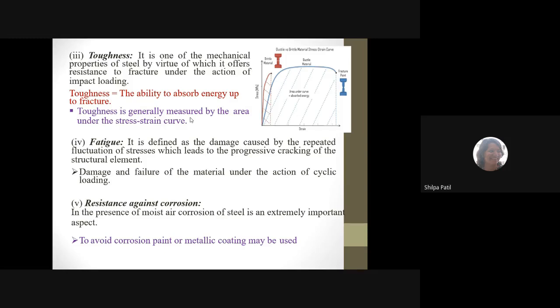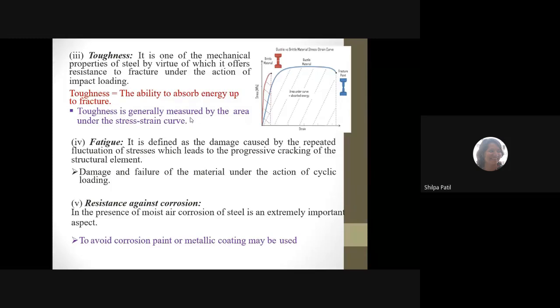So for that we need to take precautions. Obviously, the major precaution we take for steel structures is to apply a paint, which may be a corrosion-resisting paint, or a normal paint, or sometimes we apply a metallic coating or a different coating of a material which avoids the corrosion.